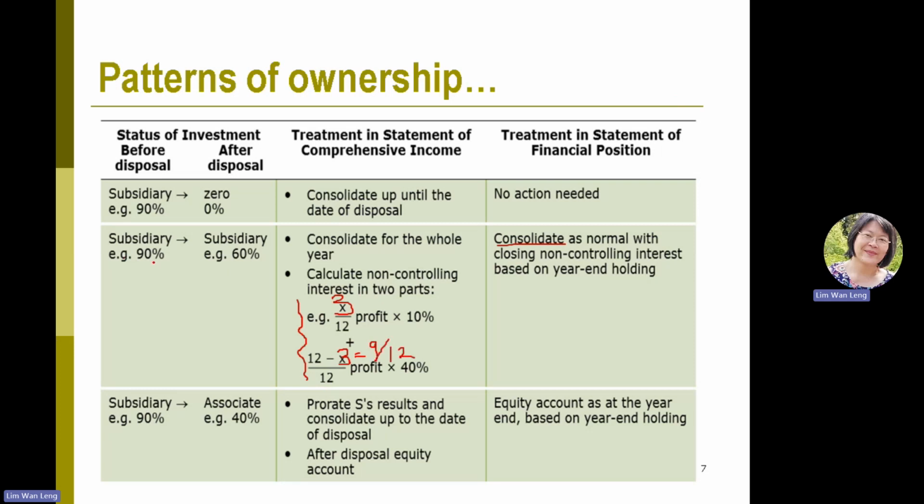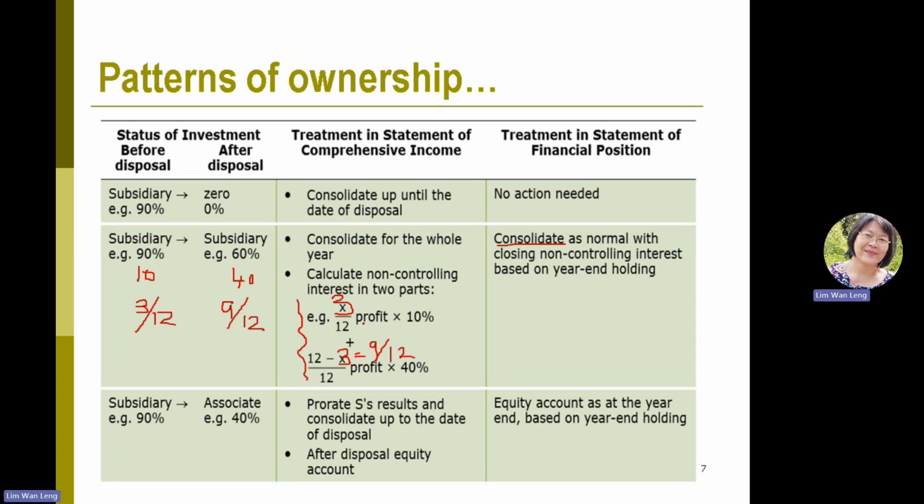Remember, a 90% subsidiary means NCI is 10%, a 60% subsidiary means NCI is 40%. So they tell you, if for the first 3 months of the year your status is 90-10, then for the last 9 months your status is 60-40.